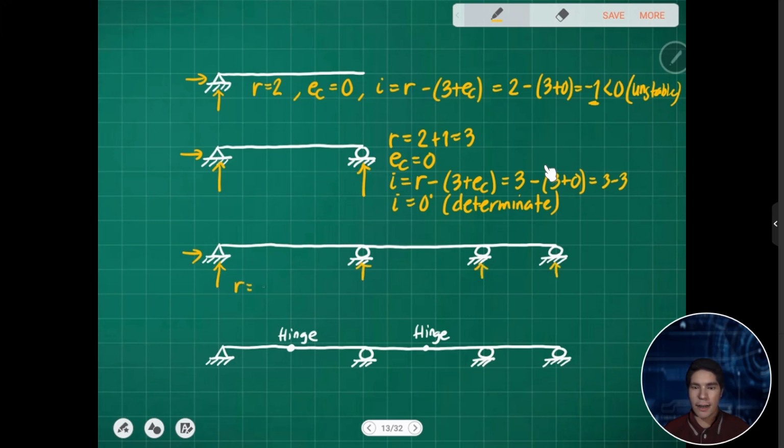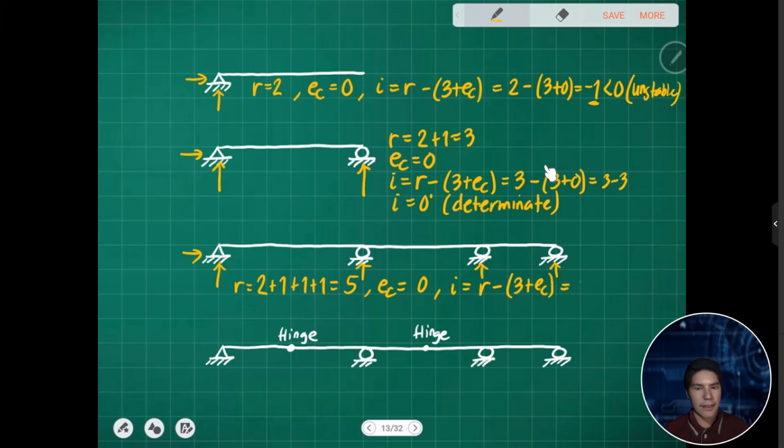So the number of reactions we have 2 plus 1 plus 1 plus 1, so a total of 5 reactions. Conditional equation we have 0. So the degree of indeterminacy is r minus 3 plus EC.